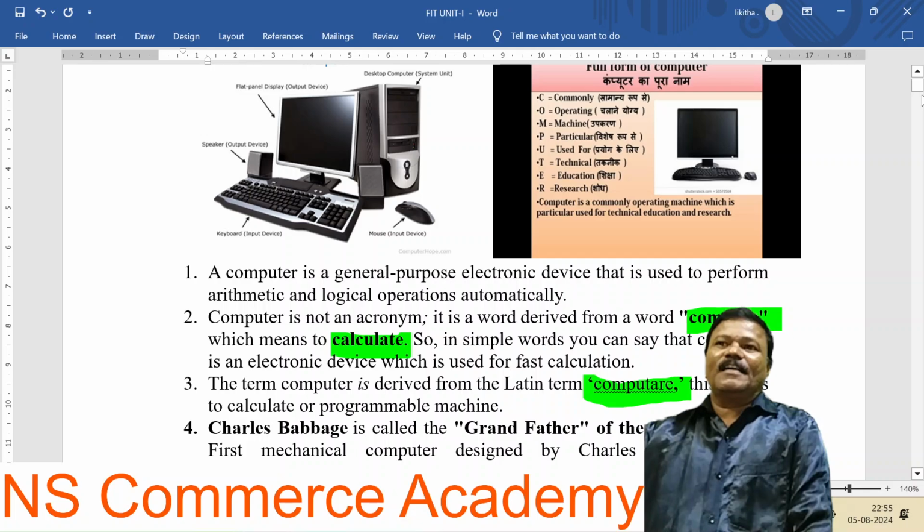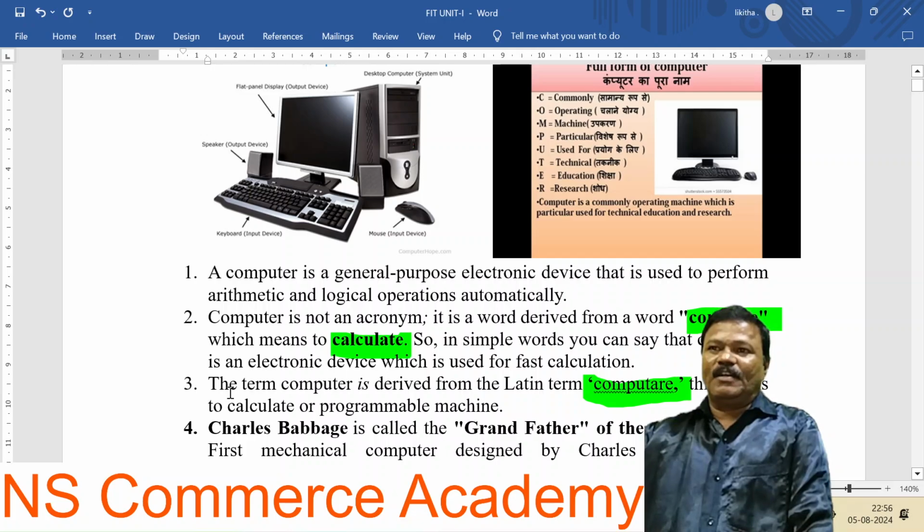So computer is not an acronym. It is a word derived from the word compute, which means to calculate. So in simple words, you can say that a computer is an electronic device which is used for fast calculations.